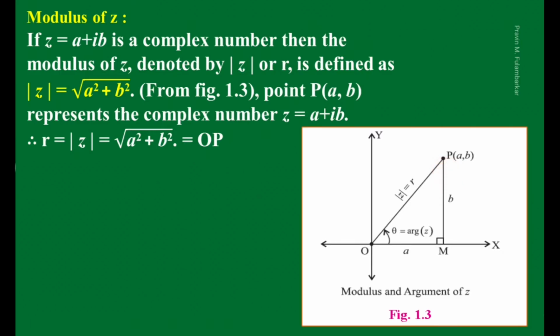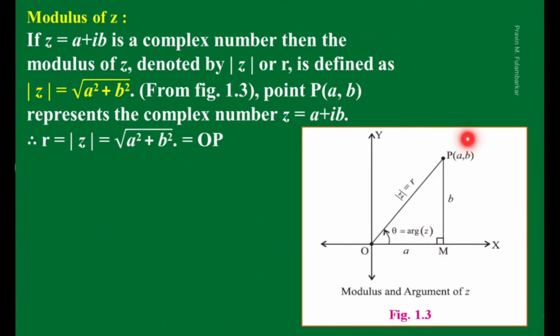The square of minus is positive, so we write a square, and (0 minus b), that is minus b square. The square of minus b is again positive, so we write OP equals under root a square plus b square.